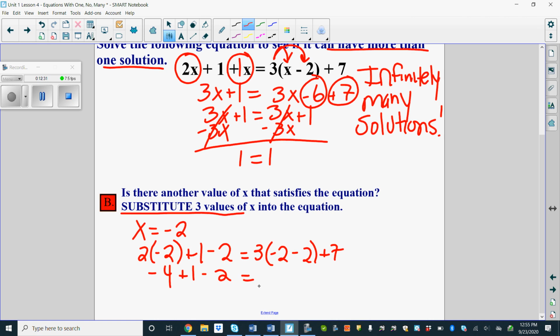And over here, 3 times negative 2 minus 2, we're going to leave the 3, combine what's in the parentheses, which is negative 4 plus 7. And on the left side, we have negative 4 plus 1 is negative 3, minus 2 is negative 5. And over here, we're going to have 3 times a negative 4 is a negative 12. Add 7 to it is negative 5. And as we can see, x equals negative 2 is a solution. Now you guys can try 2 other numbers and see if they work out as well.